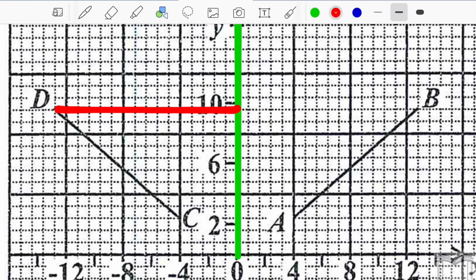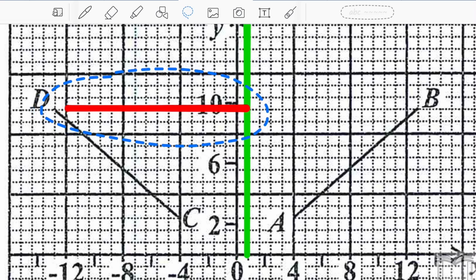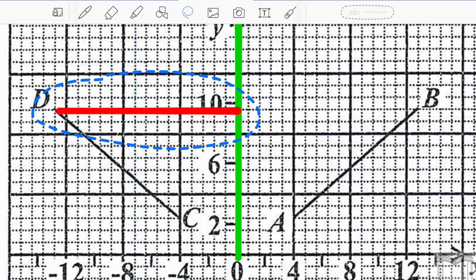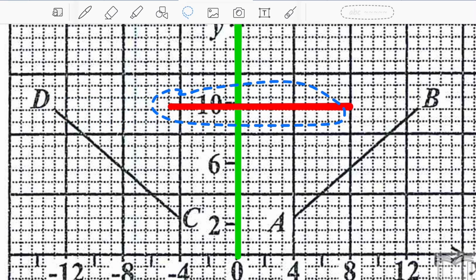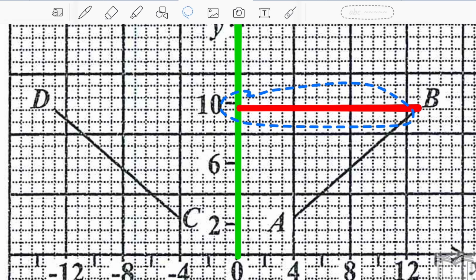So here we can see that D is this distance apart. Luckily we have a tool that we can use here. And let's move this and see if it's the same for the distance of B away from the y-axis. Okay, so everything is moving. Let's do that over. So yes, definitely it's the same.